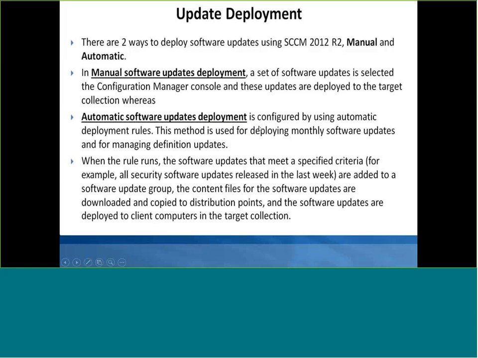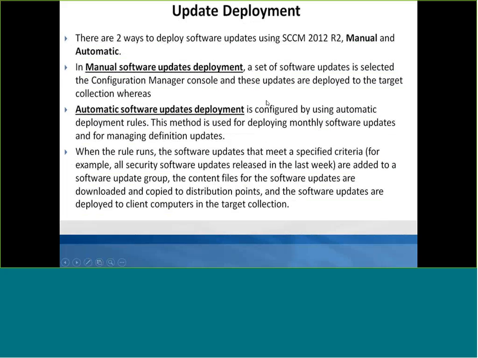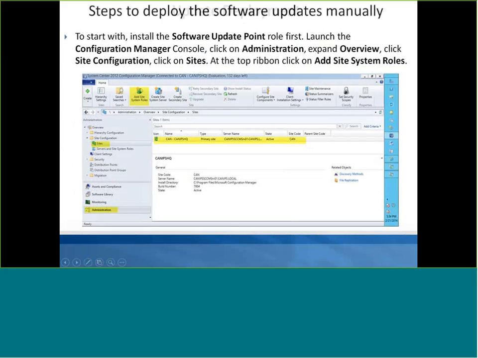Okay, if we go to update deployment, that's the same screen again. Okay, steps to deploy. We are already on the steps, and there are 2 ways. So guys, listen to me now. This slide is working on SCCM only.